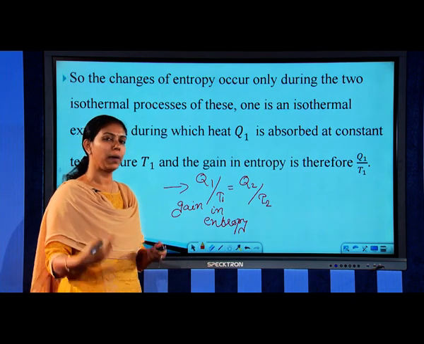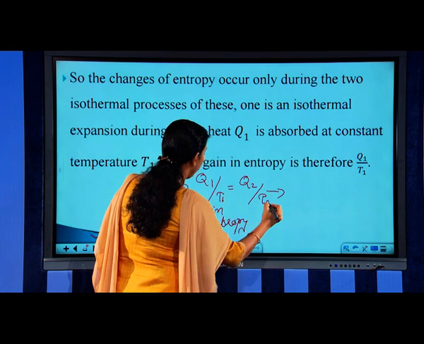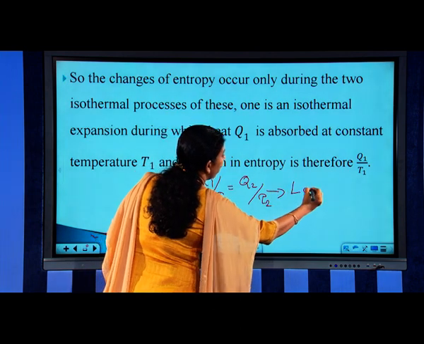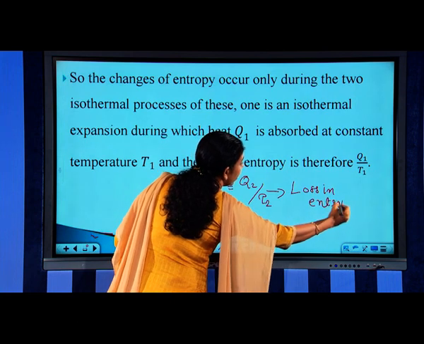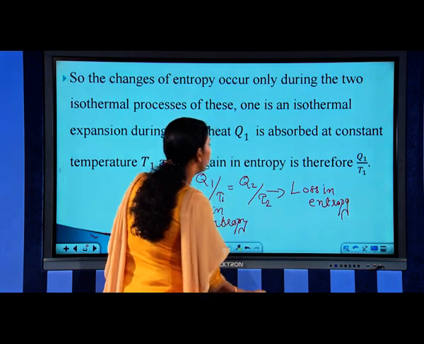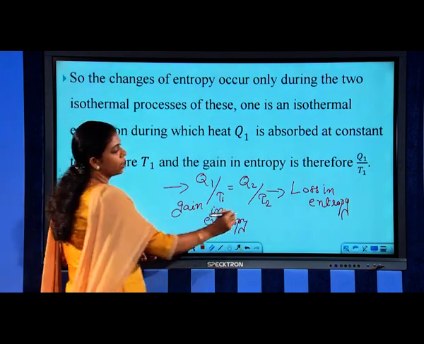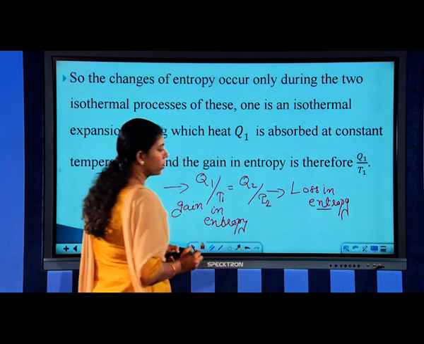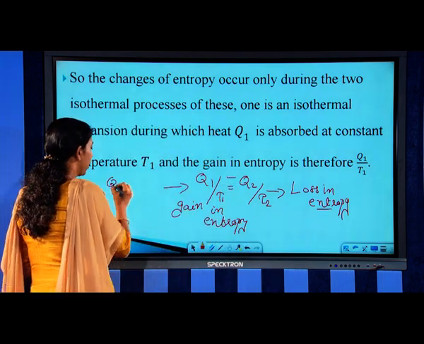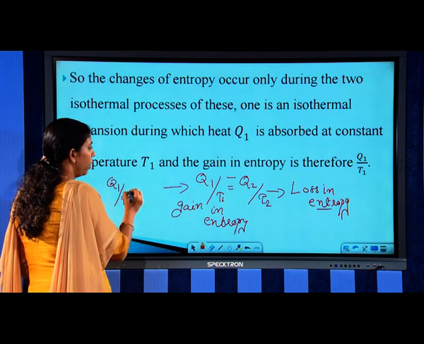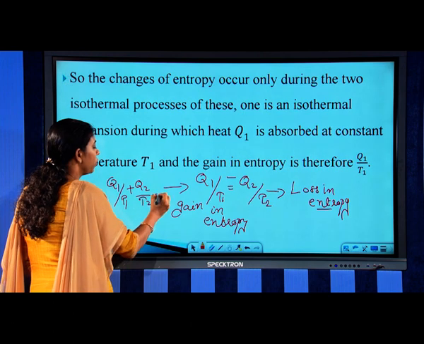And a loss in entropy occurs during the isothermal compression, because heat is rejected. So, the entropy is lost and a negative sign is there. So, the equation becomes Q1 by T1 plus Q2 by T2 is equal to 0.